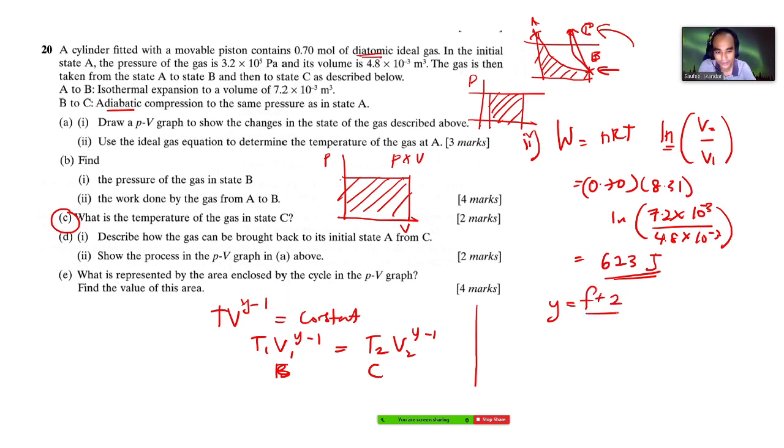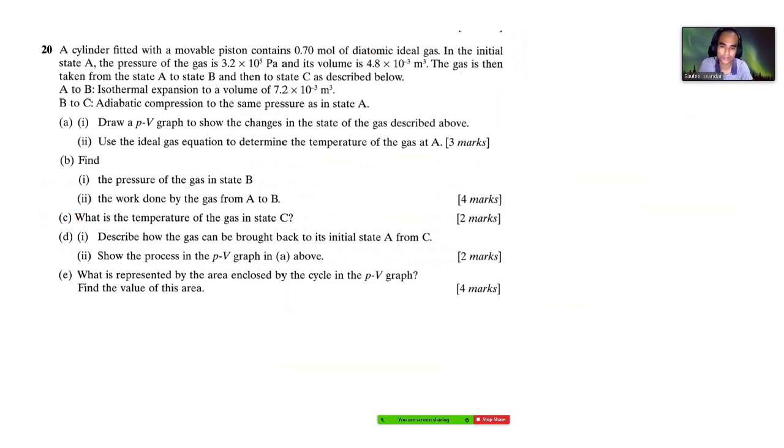It is F plus 2 divided by F, the degree of freedom plus 2 divided by the degree of freedom. So you say 5 is correct. Now how much is it, Tony? 7 over 5. It's 5 plus 2 divided by 5. So the gamma is 7 over 5. Forgot already, sir. Yeah. Okay. And then remember 7 over 5 minus 1, because you can see the formula here, gamma minus 1.